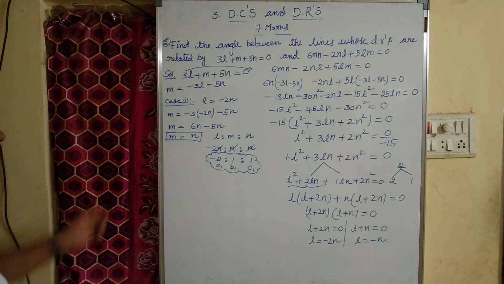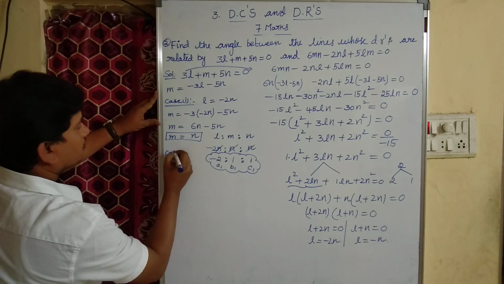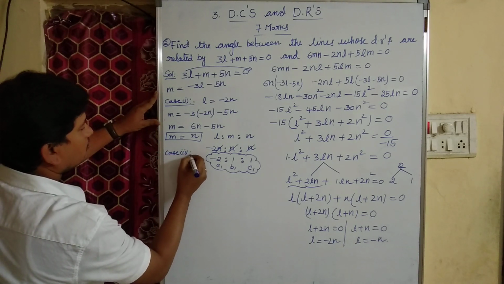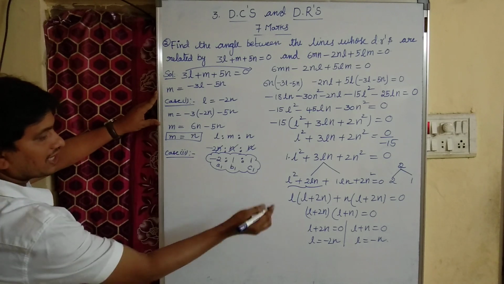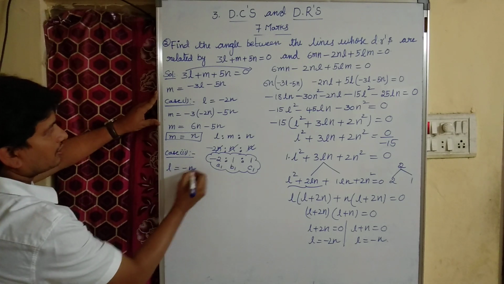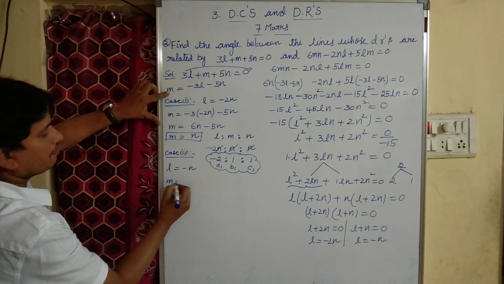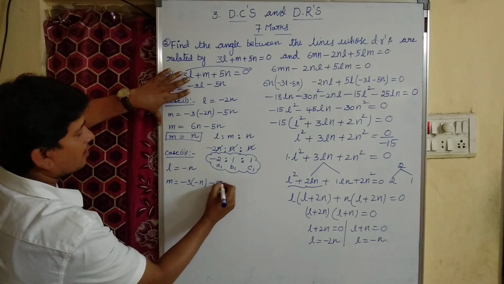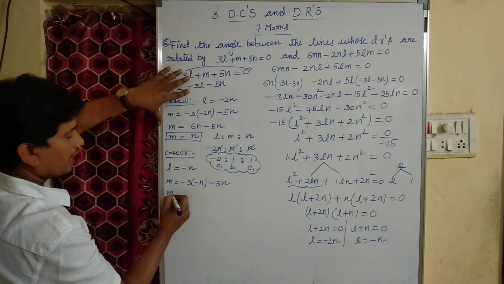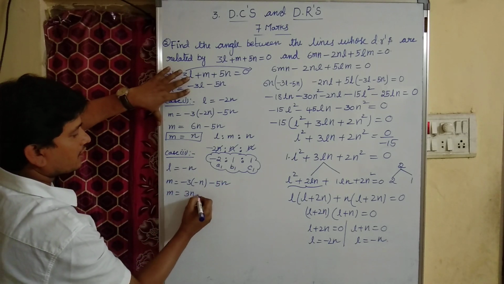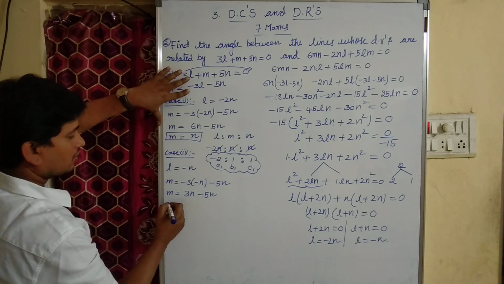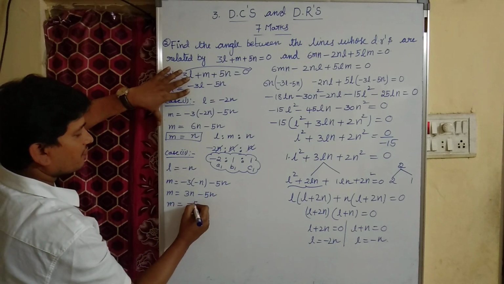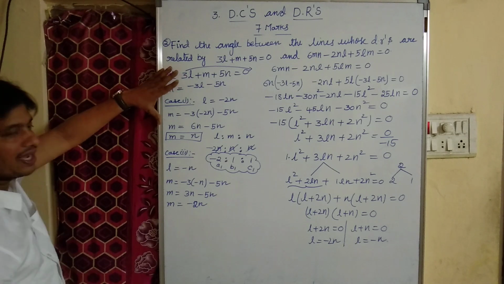Now let us find the DRs of the second line, that is case 2, that is L equal to minus n. Let us find the value of m, minus 3 into minus n and minus 5n. So m equal to minus into minus plus 3n minus 5n. So m equal to 3n minus 5n, which is equal to minus 2n.